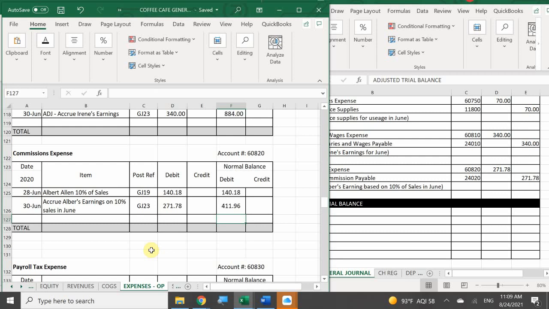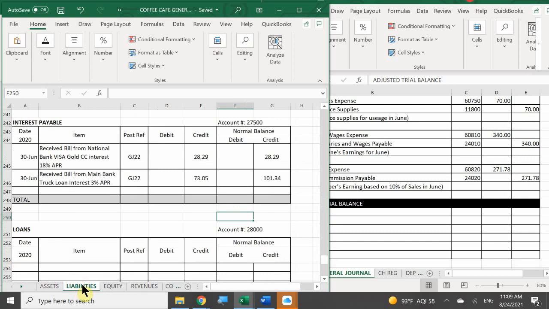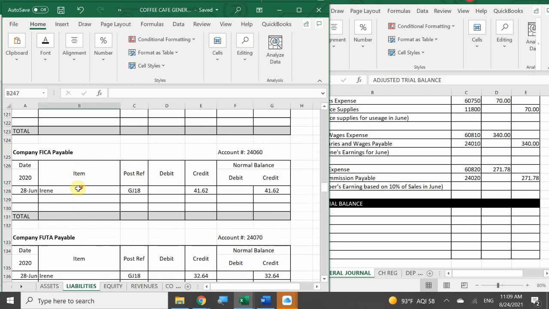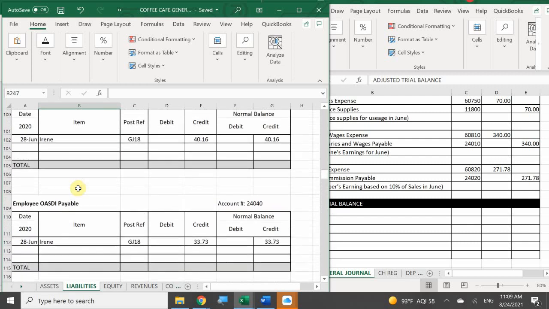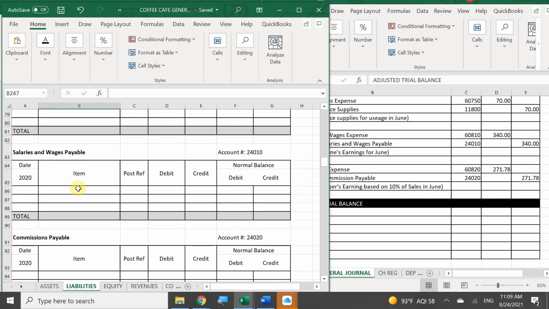Last accounts that we have to now do is going to be our liability accounts, right? For our payables. So first one we have is going to be salaries and wages payable. So let me look for it. Here's commission. There you go. Salaries and wages payable. Okay. Once again, to accrue Irene's earnings for June.